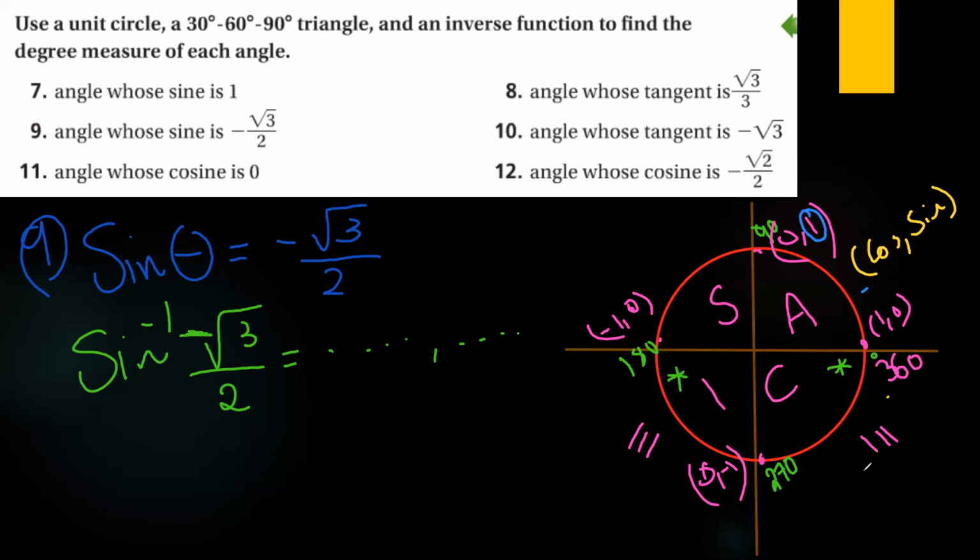Now then, I am in quarter 3. Then I'm here. I will rotate from the nearest x-axis 60 degrees.